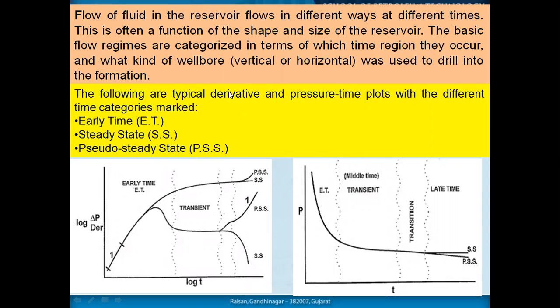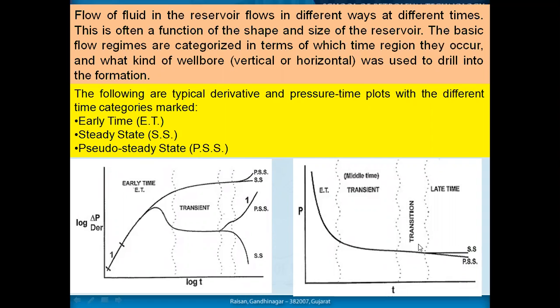So we have understood around the wellbore, then it is moving to a normal reservoir area, then it is getting the response of the boundary. It is a very simple response; you see here log delta P and derivative both are there, and here all the pressures are there. If you see the pressure, it is gradually changing.